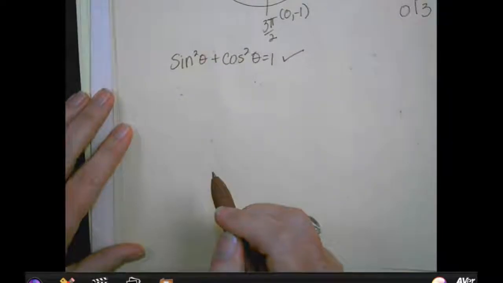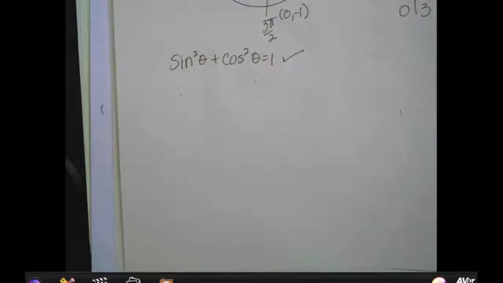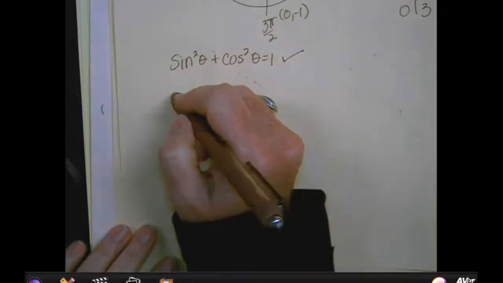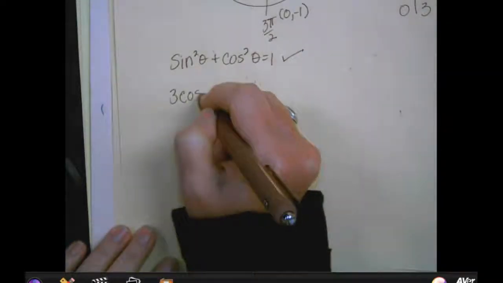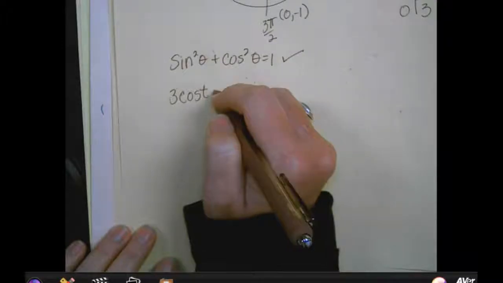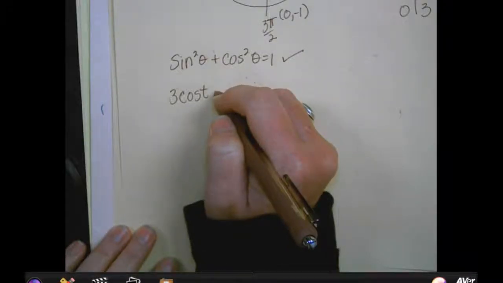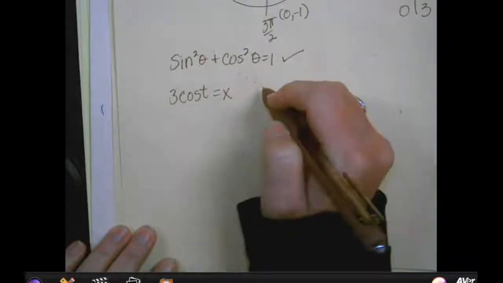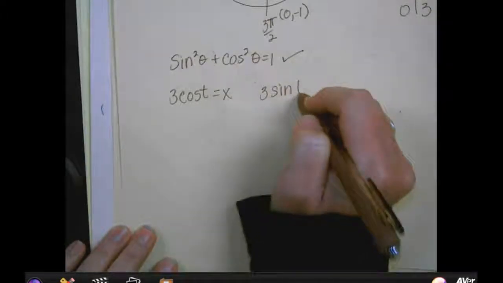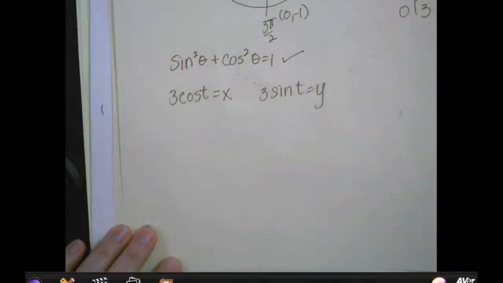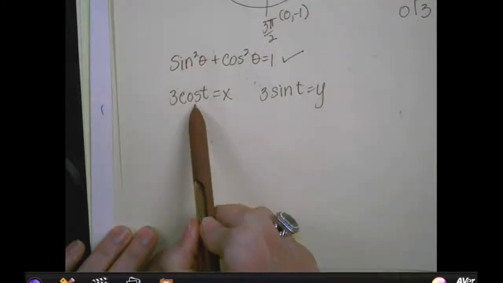So now, what did they tell you? What is the information they gave you? 3 cosine of t equals what? And then 3 sine. Okay, so could I solve for cosine here?